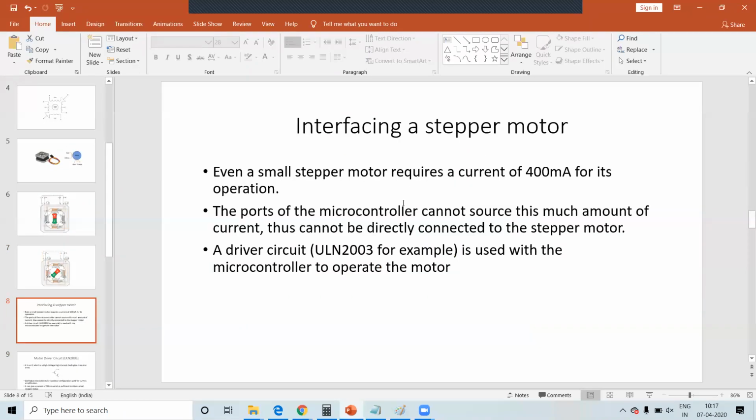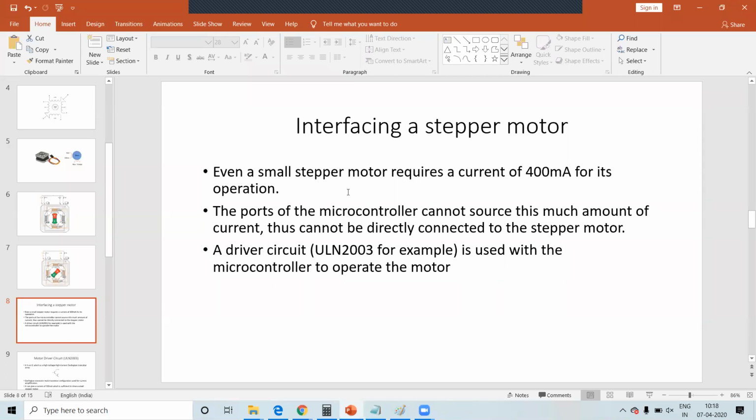Now, interfacing a stepper motor. Here we should know how much current is required to rotate the shaft. Even if we have a small stepper motor, as in our case, it requires almost 400 milliamperes of current for rotation.